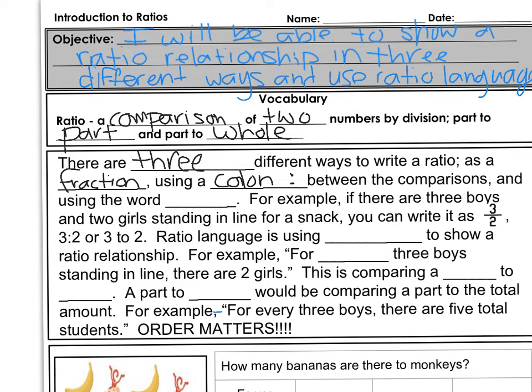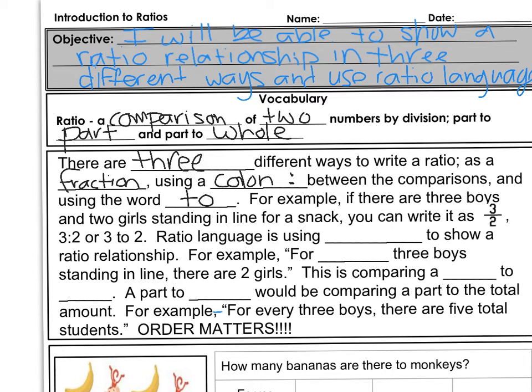Those are just 2 dots, one on top of the other, kind of what you see when you're looking at what time it is. So using a colon between the comparisons and using the word to. There are 3 different ways to write a ratio: as a fraction, using a colon between the comparisons, and using the word to.